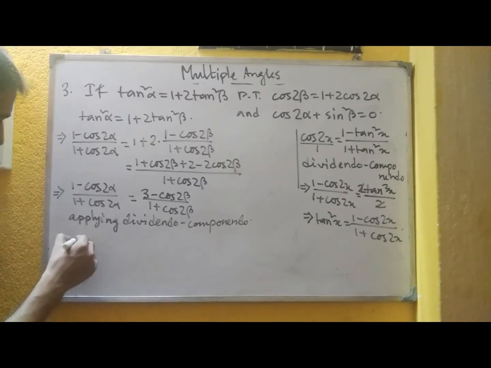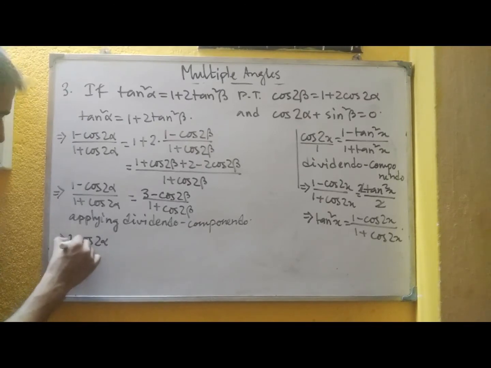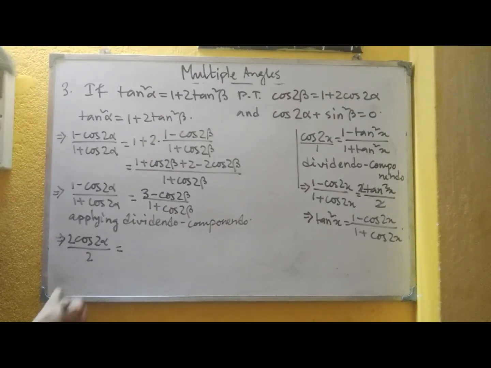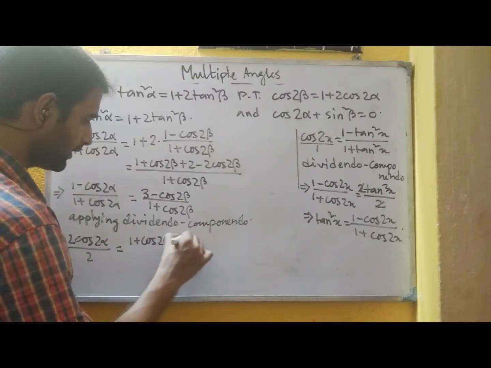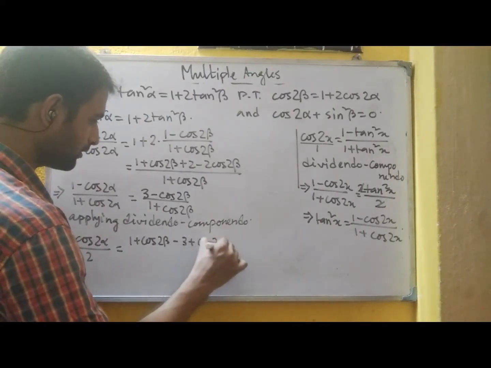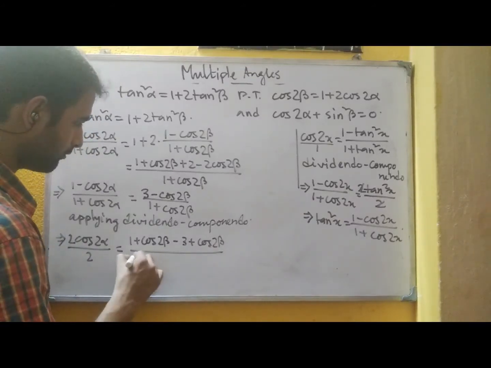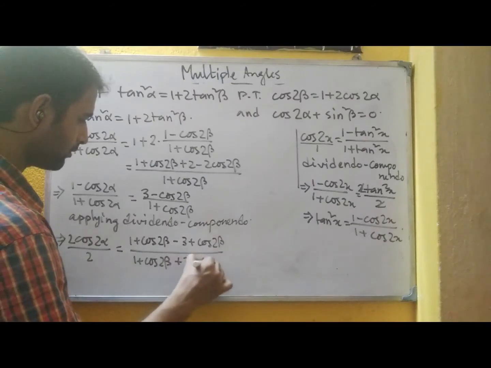So from here you can see it is 2 cos 2 alpha divided by 2, and in this side it is 1 plus cos 2 beta minus 3 plus cos 2 beta divided by 1 plus cos 2 beta plus 3 minus cos 2 beta.